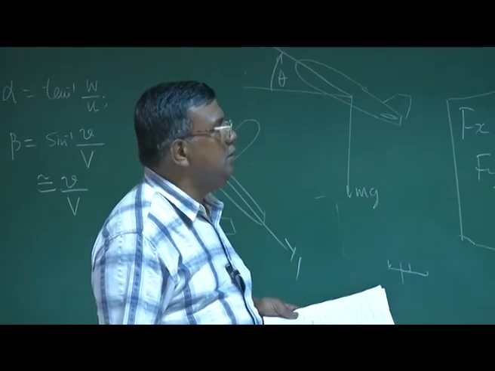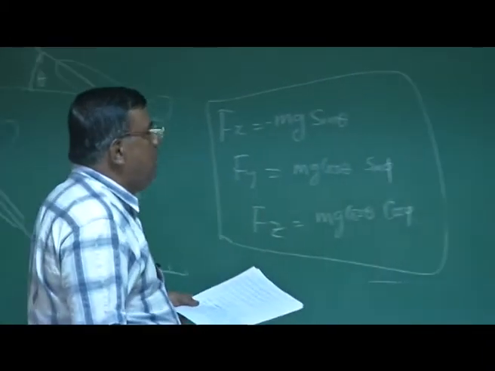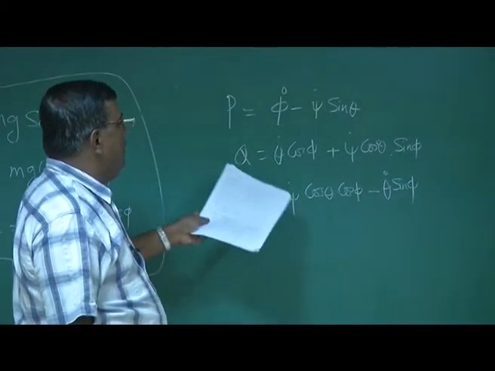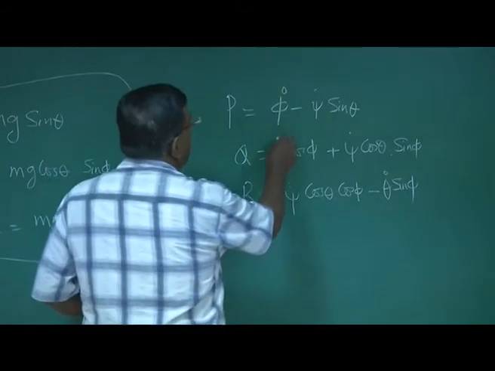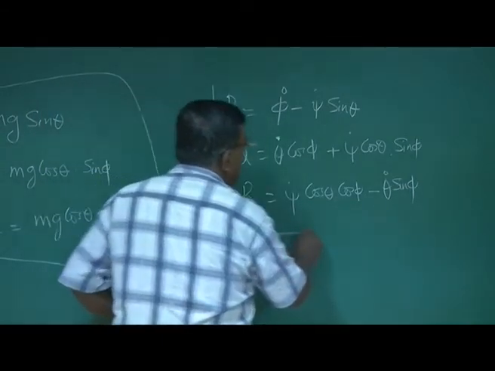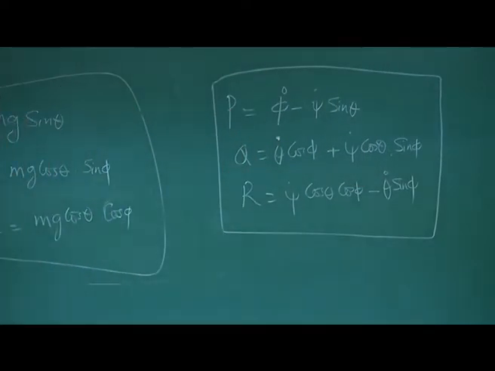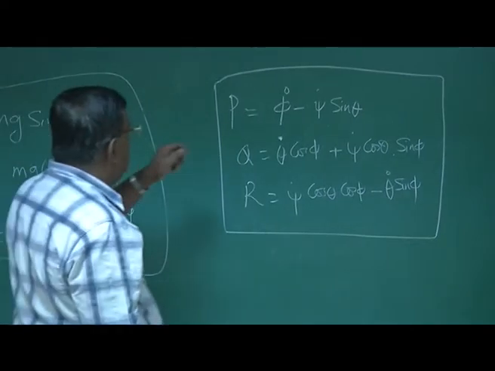To complete the whole equations of motion, we also need to develop a relationship between P, Q, R and phi dot, theta dot, psi dot, etc. And the equations are like this. I am not deriving this, but we'll make a physical interpretation of this. What are PQR?